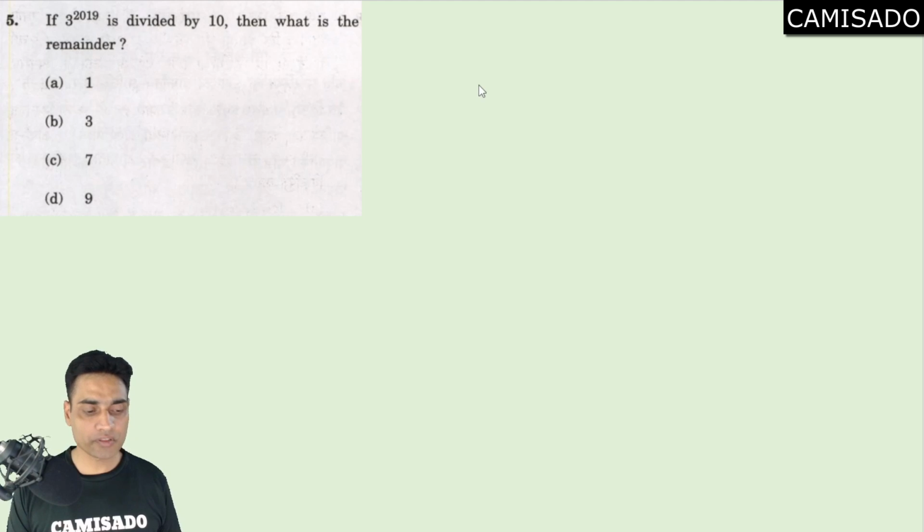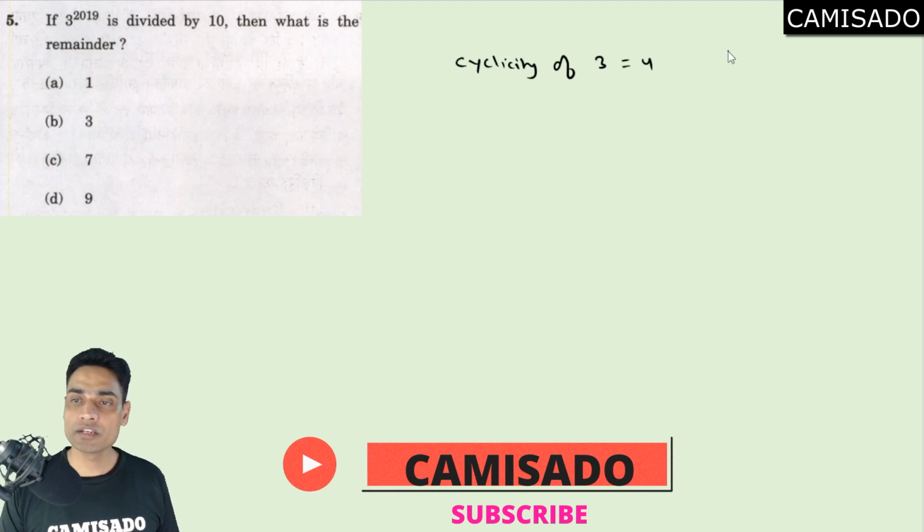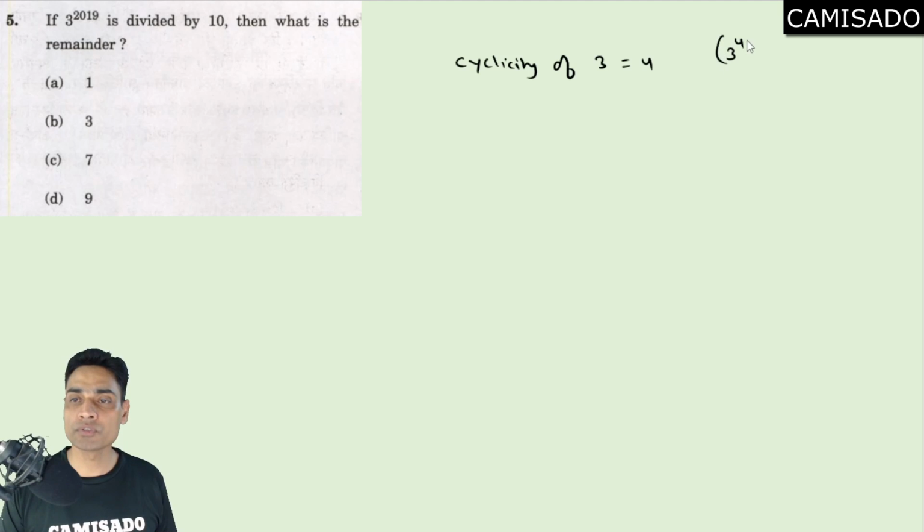So basically there is a concept called cyclicity, and here the cyclicity of 3 is 4. It means 3 raised to power 4 is equal to 81. Now, n number of times this 81 is multiplied by itself, at the unit place we will always get 1.